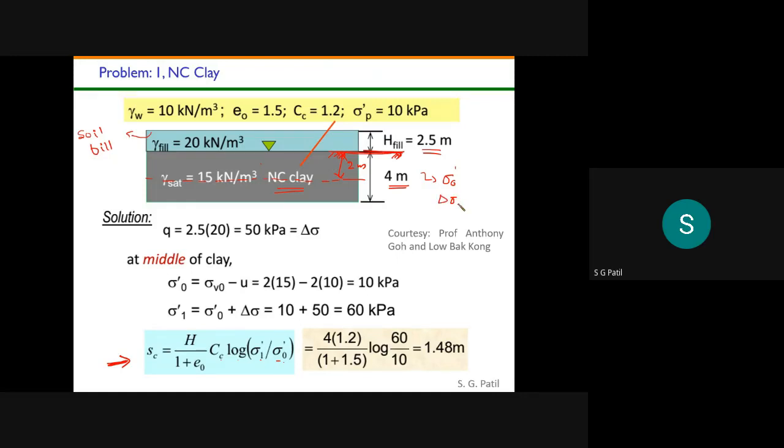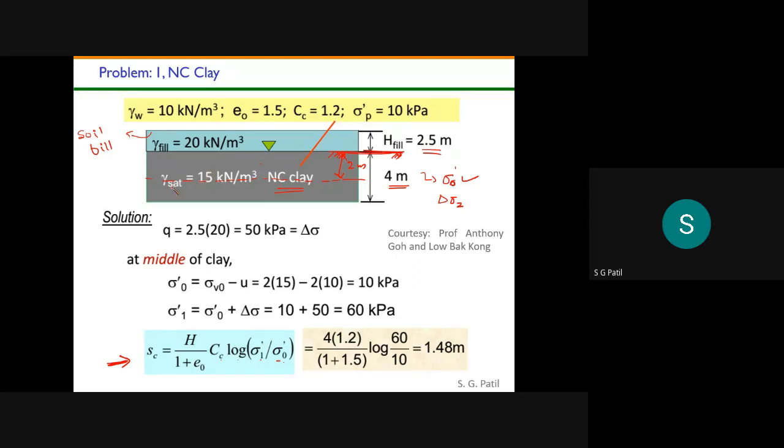Delta sigma, in the formula I use delta sigma. This is nothing but your delta sigma z. Okay, so how to calculate this sigma naught dash? The sigma naught dash is nothing but your initial stress. So this initial stress is nothing but 2 into your unit weight of soil.